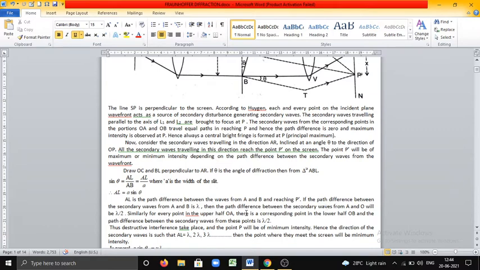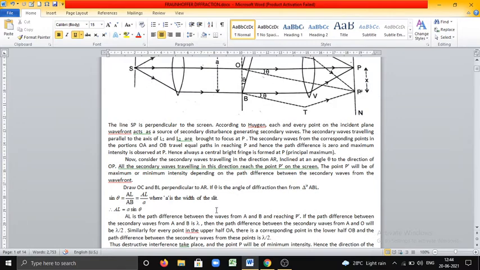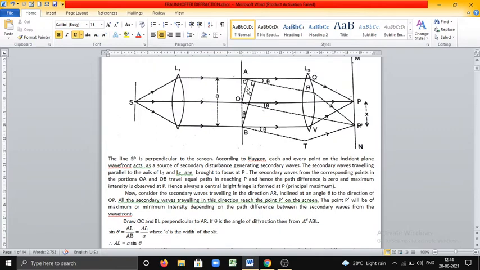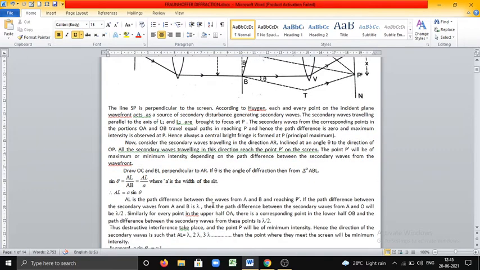If the path difference between the secondary waves from A and B is lambda, then the path difference between the secondary waves from A and O is lambda by 2, and from O and B is lambda by 2, because if it is lambda from A and B, then from A and O it will be lambda by 2 and from O and B lambda by 2.